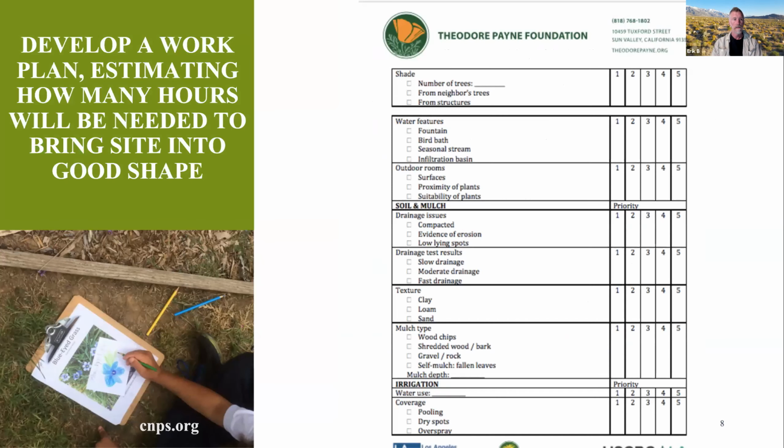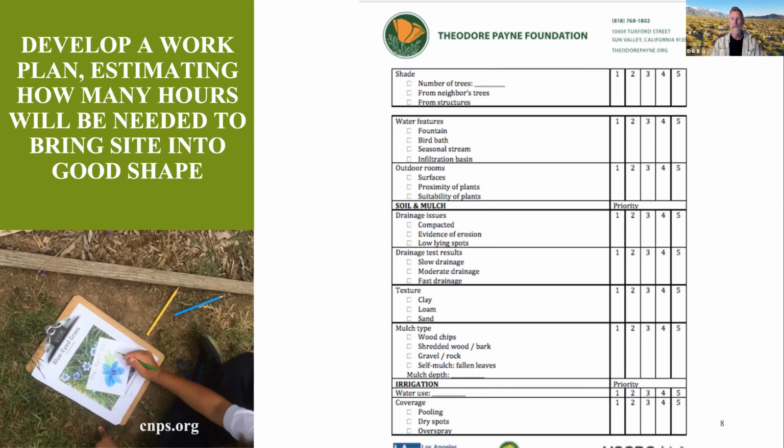Then you're looking at the shade. So the environmental, the various microclimates of the place: number of trees, neighbors' trees, structures.